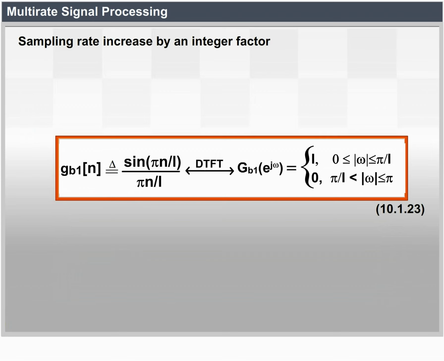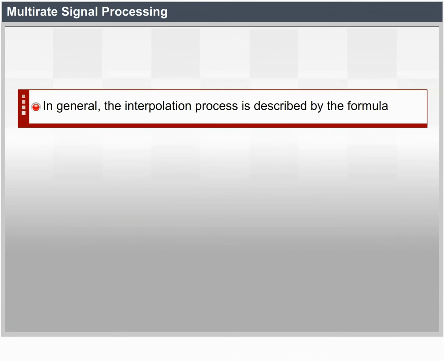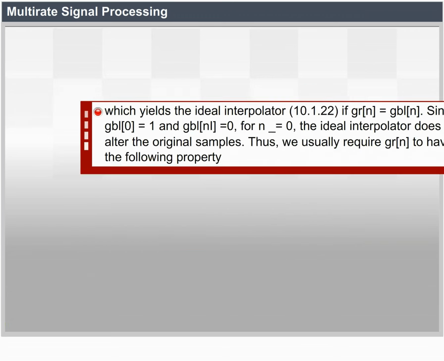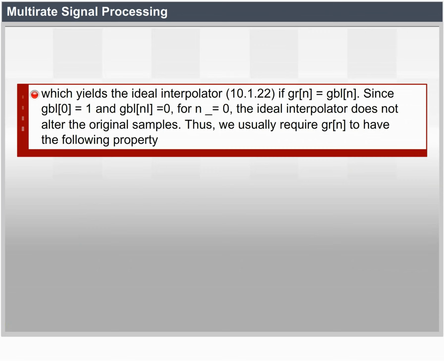equation 10.1.23. In general, the interpolation process is described by the formula x_I(n) equal to the summation over m from minus infinity to plus infinity of x(m) g_I(n minus mL), equation 10.1.24, which yields the ideal interpolator 10.1.22 if g_I(n) equal to g_BL(n). Since g_BL(0) equal to 1 and g_BL(nL) equal to 0 for n not equal to 0, the ideal interpolator does not alter the original samples.